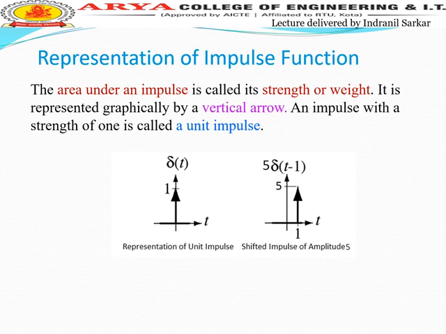That means here del(t minus 1) is 1 when t is equal to 1, because then t minus 1 becomes 0. At del(0) we get the value 1. So the signal is shifted to 1 and the amplitude is 5. That is why it is written as 5 del(t minus 1). It is the shifted impulse of amplitude 5.